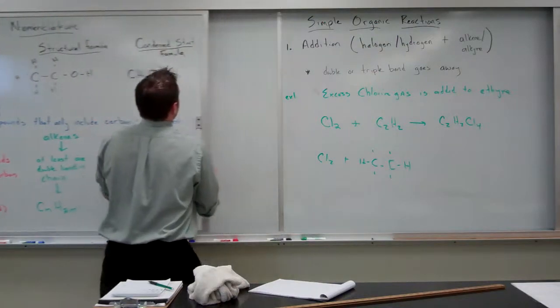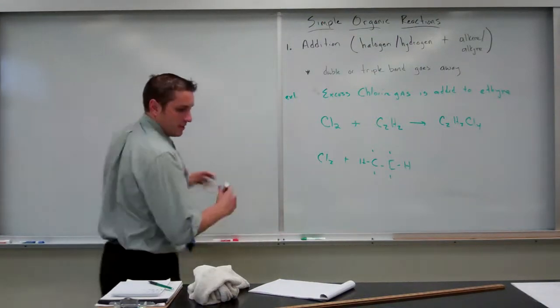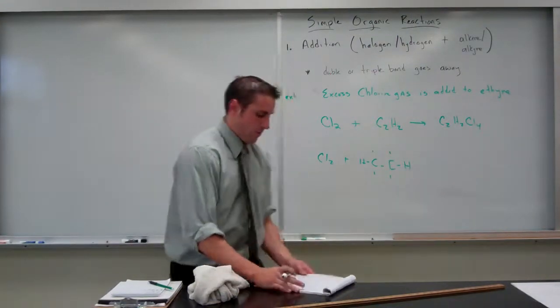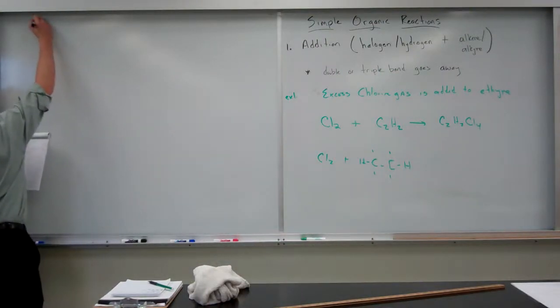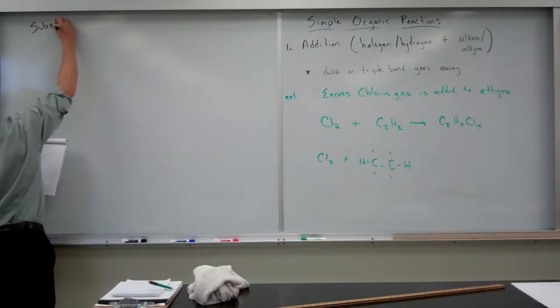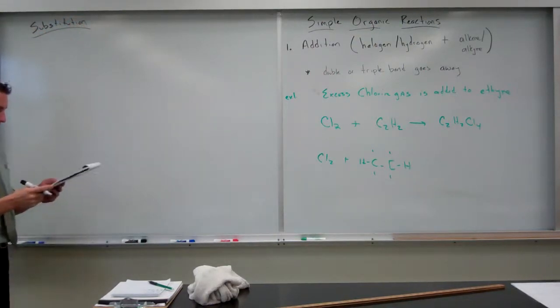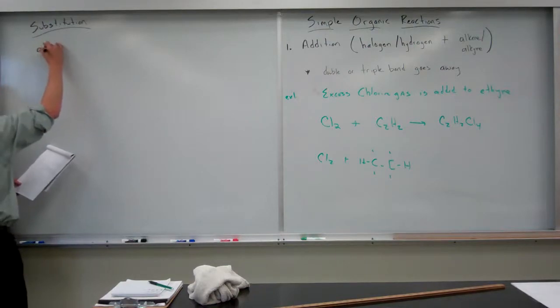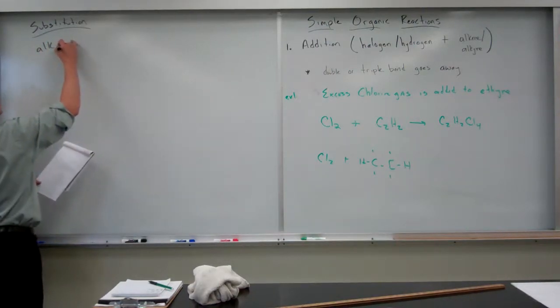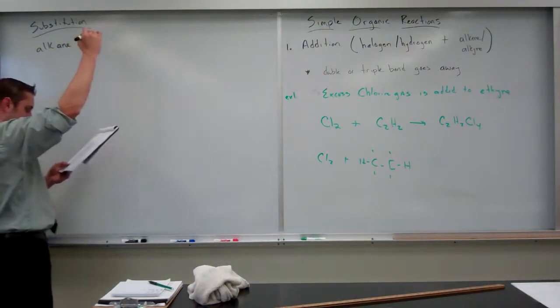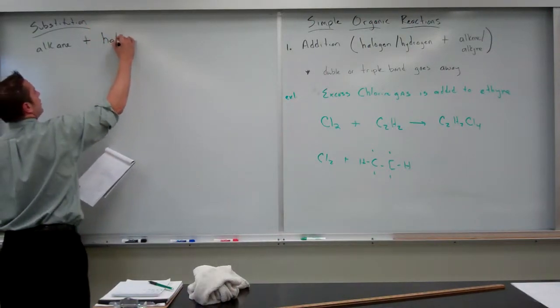Second type is called a substitution. With the substitution, you've got an alkane plus some halogen.